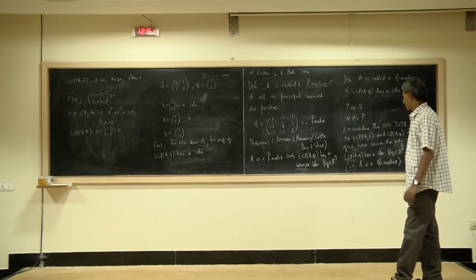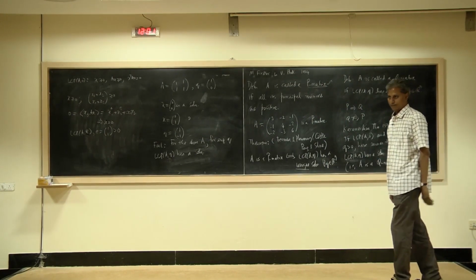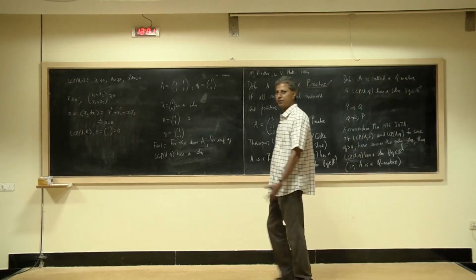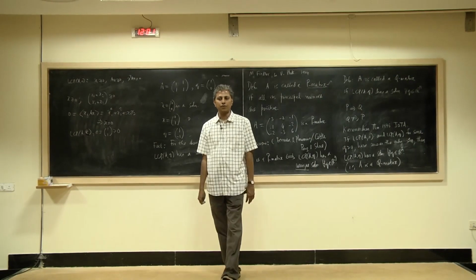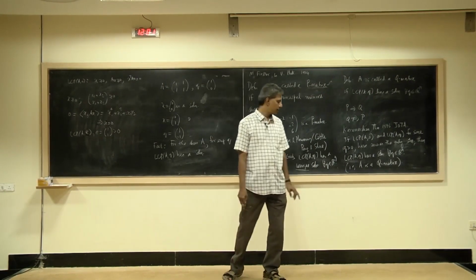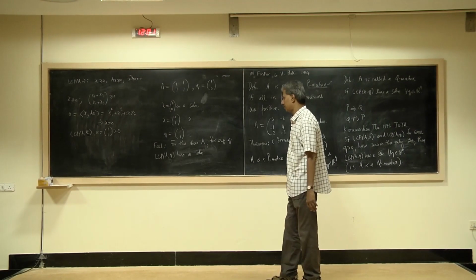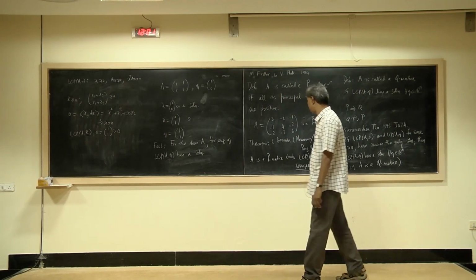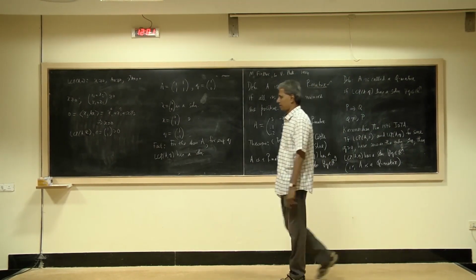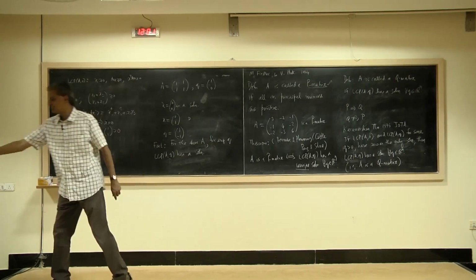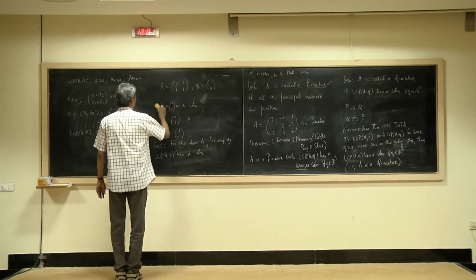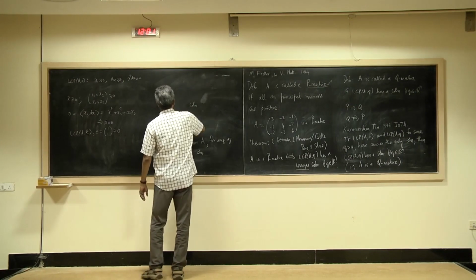What is the connection then? P implies Q, Q does not imply P, but there is a nice theorem. Again, I can only state that without proving. There is a nice theorem which states that if it's a Z matrix, then these two notions coincide.